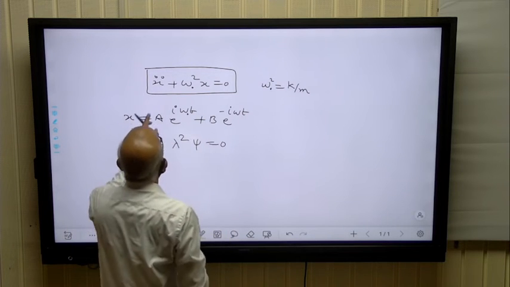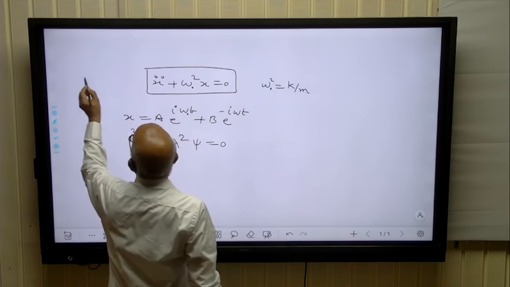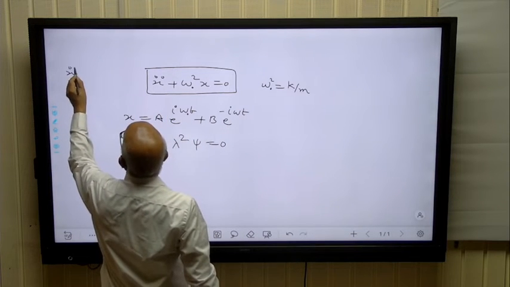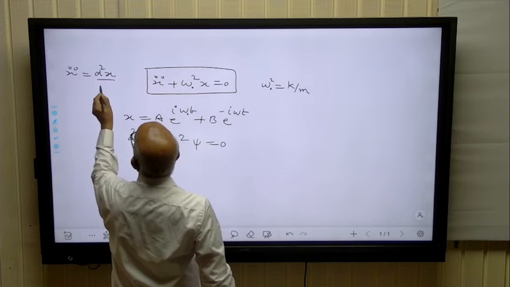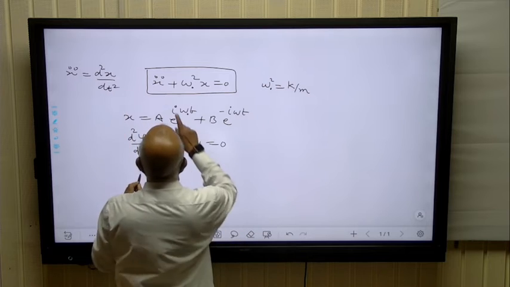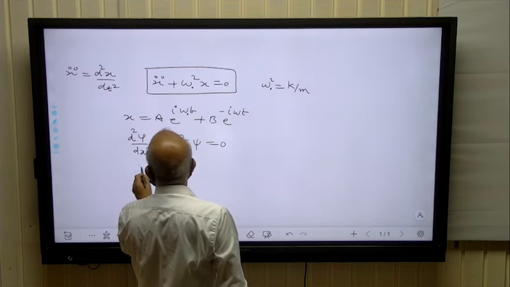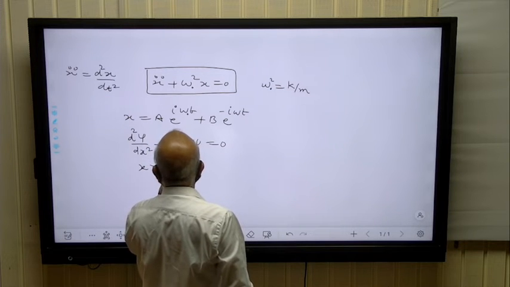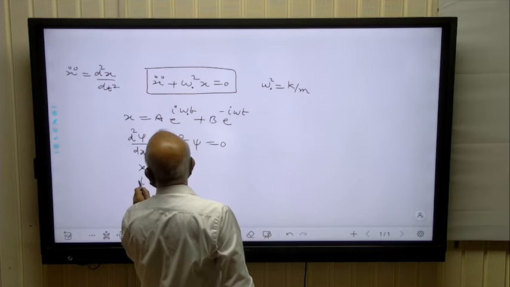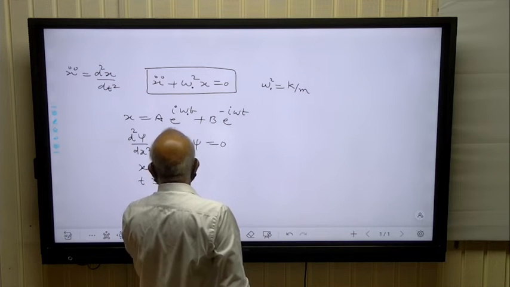How? You see, in this equation x double dot is nothing but d2x upon dt square. So if I compare these two, x is equivalent to psi and t is equivalent to x.